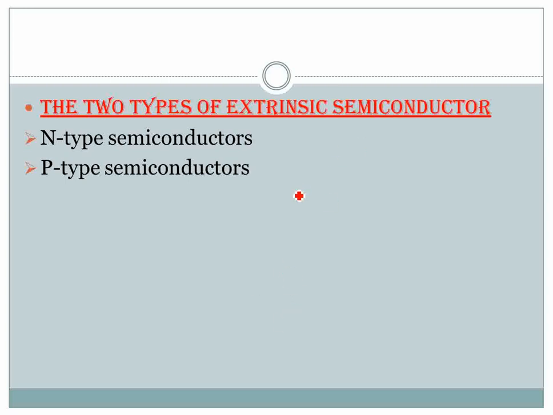Among fifth group elements, we consider phosphorus, arsenic, antimony and bismuth, used to form an n-type semiconductor material. Impurities are added using either a diffusion or an ion implantation process.